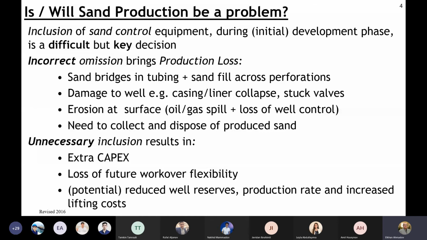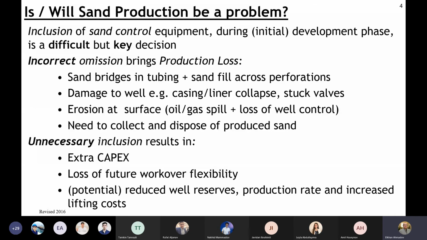So to decide what sand control equipment needs to be installed, it is a question of the development phase. It is a question of the field development planning stage.